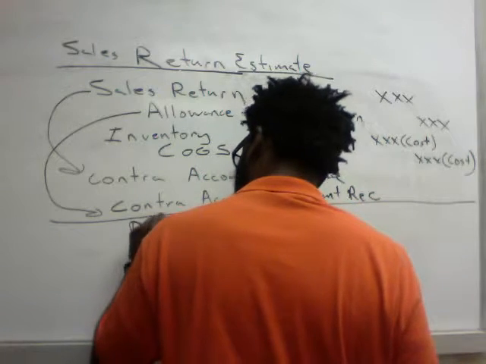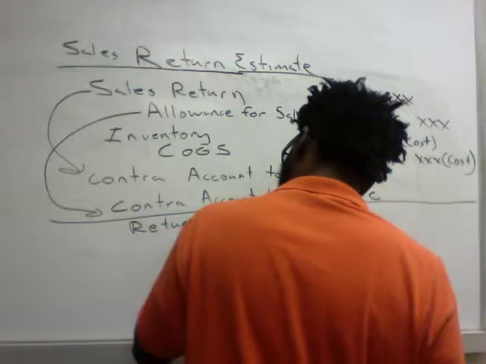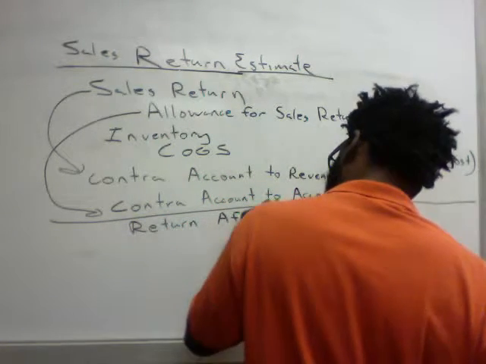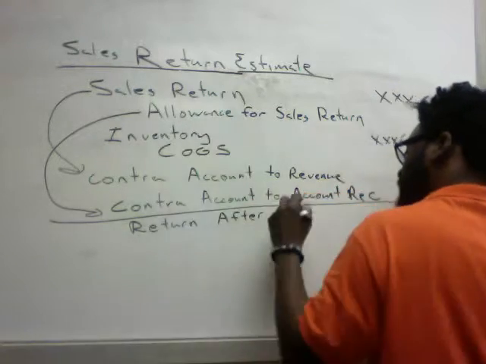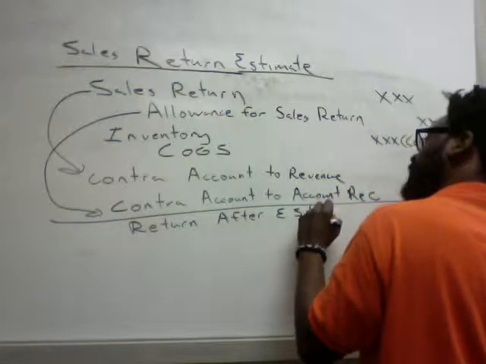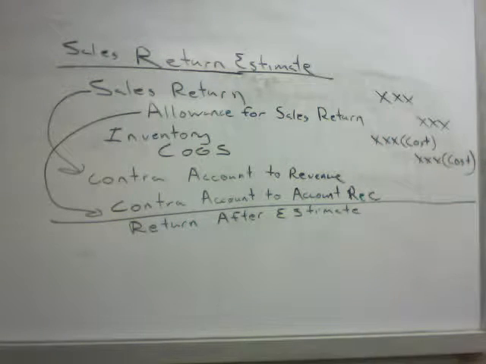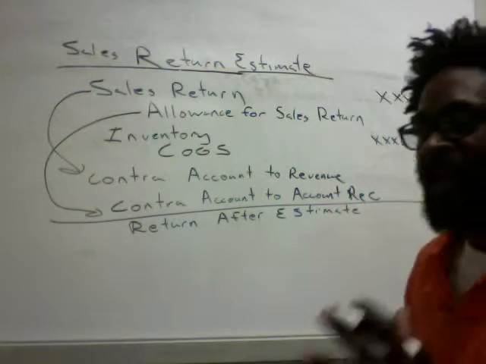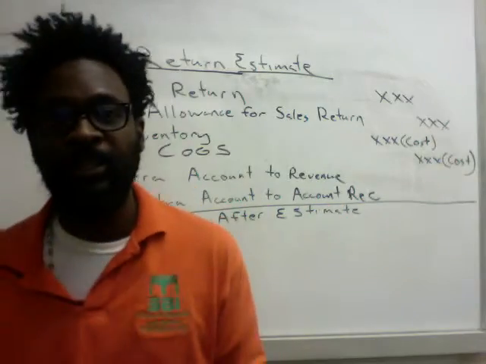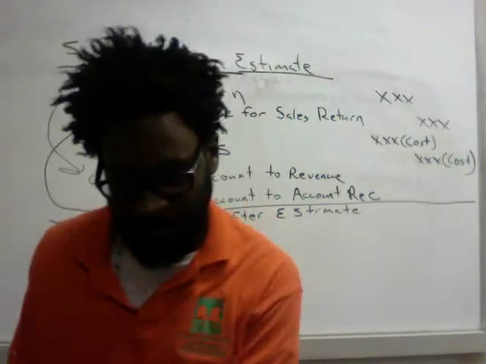So we're going to say return after estimate. So the estimate was done. Now we're following up with the return. The return after the estimate would dictate you to remove everything related off the books to accounts receivable.